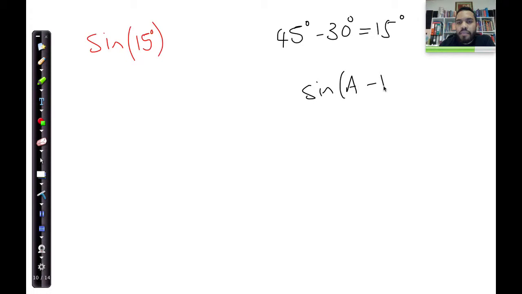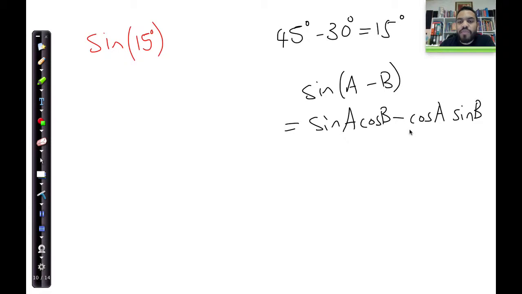Sine A minus B is equal to sine cos, sine multiplied by A, B, and if this is negative, this stays negative. Remember, we only switch it when we deal with cos. In this example, my A is going to be 45 and my B is going to be 30 degrees.